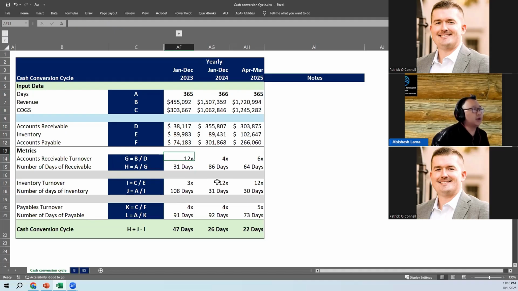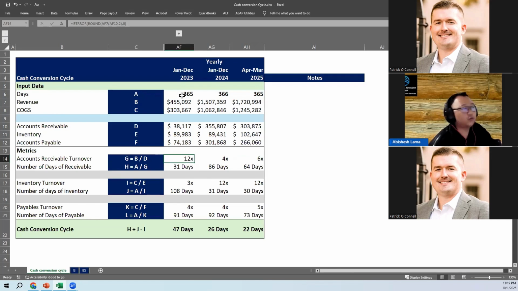Here you have 12x, 4x, and 6x for each respective period. What this means is, theoretically, the accounts receivable balance gets fully collected 12 times in a year, 4 times in a year, 6 times in a year.